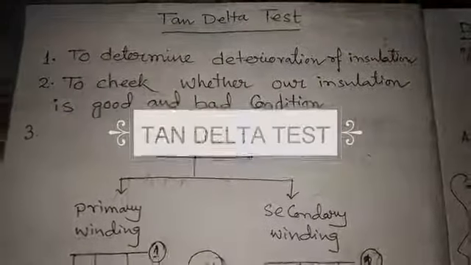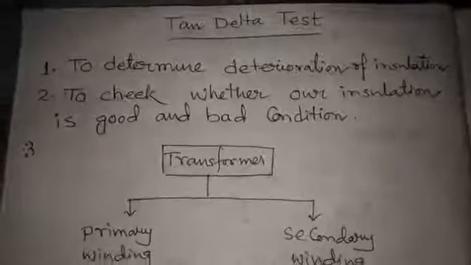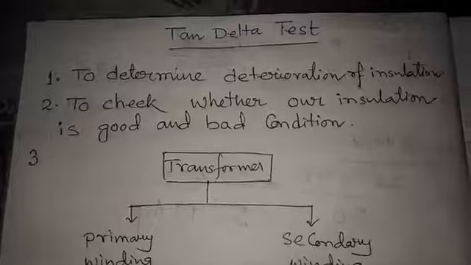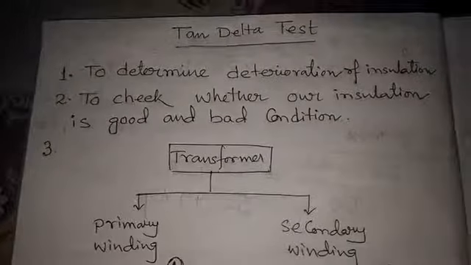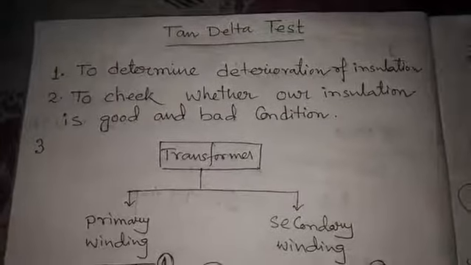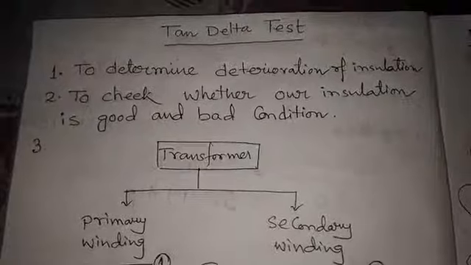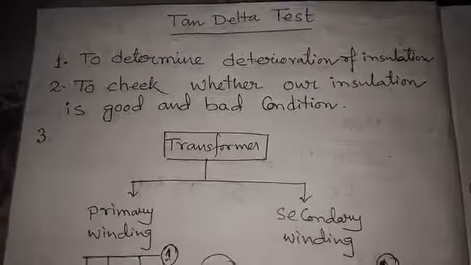Today we discussed the tan delta test. The tan delta test is to determine the deterioration of insulation, to check whether our insulation is good or bad.